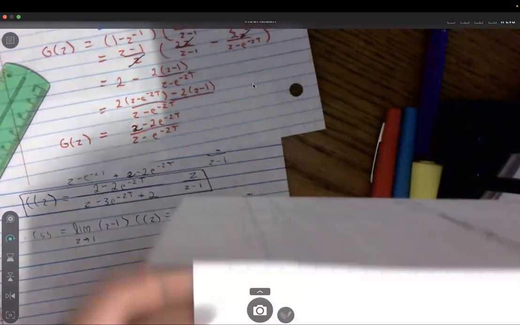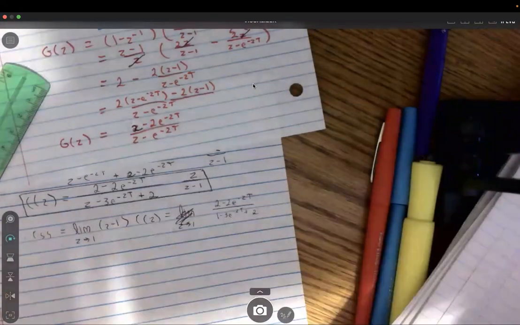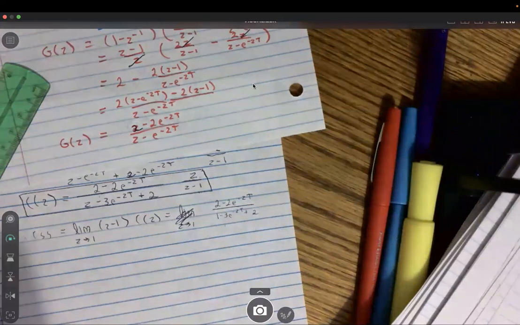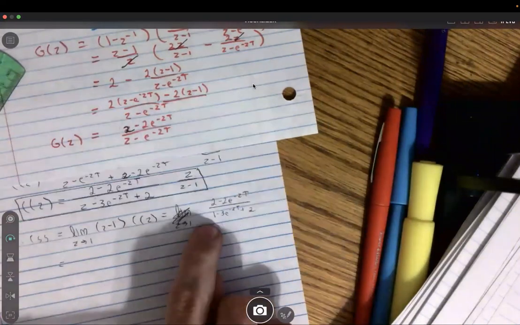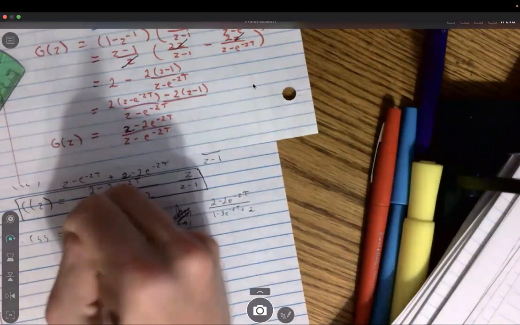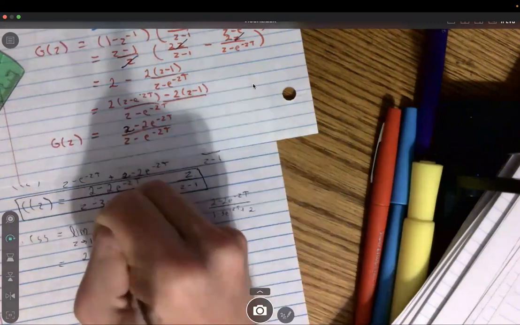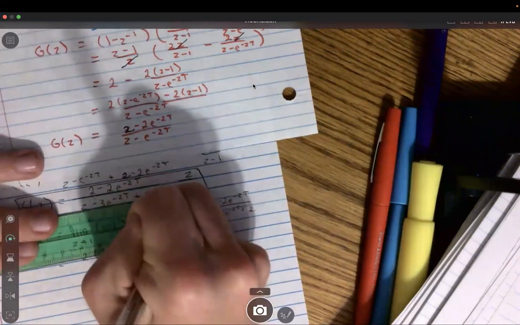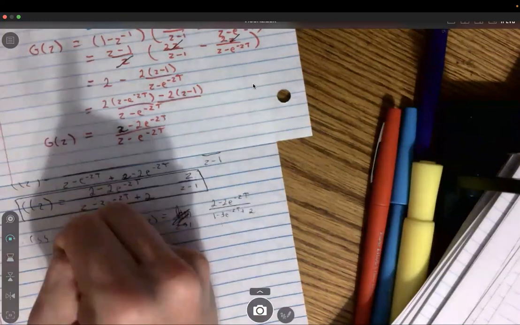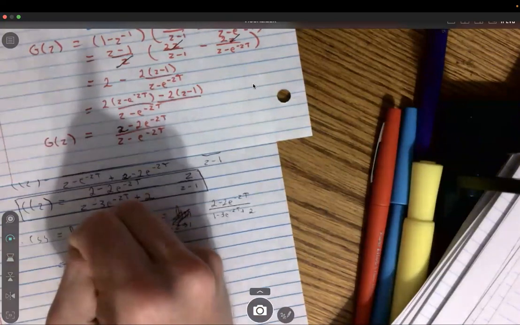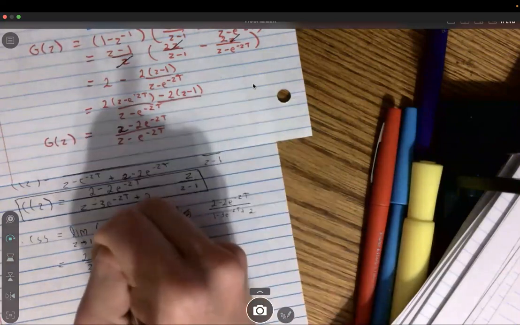What he had particularly is he combined this, so now you can simplify this, right? I could pull out a 2, so I get 1 minus e to negative 2t all over, and then the 1 plus 2 would be 3, minus 3e to negative 2t.